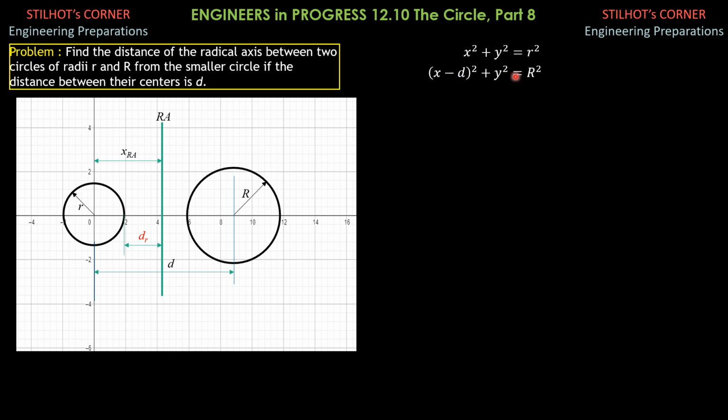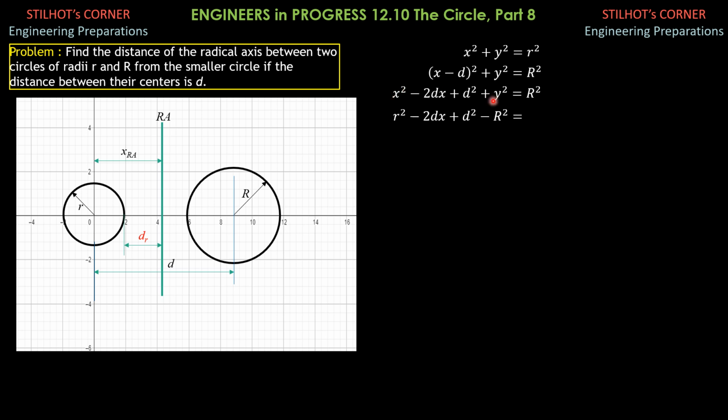Let's expand this second equation and write it as x squared plus y squared minus 2dx plus d squared equals big R squared. So x squared minus 2dx plus small d squared plus y squared equals big R squared. Rearranging, we have x squared plus y squared, which is equal to small r squared.